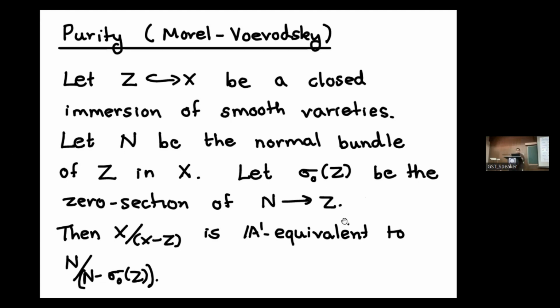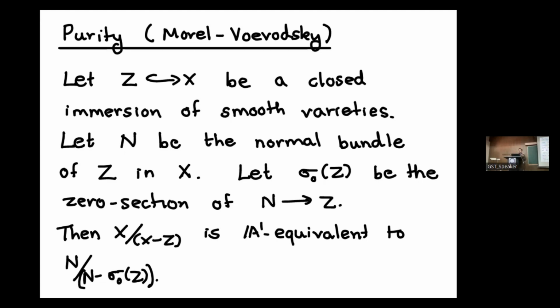So then the theorem says that if you take X modulo X minus Z, so what does this mean? You have got your space X. Inside this, there is this subspace X minus Z, and you take the quotient of one space by another. So this is no longer quotient in what sense? Quotient in the sense of Nisnevich sheaves, right?